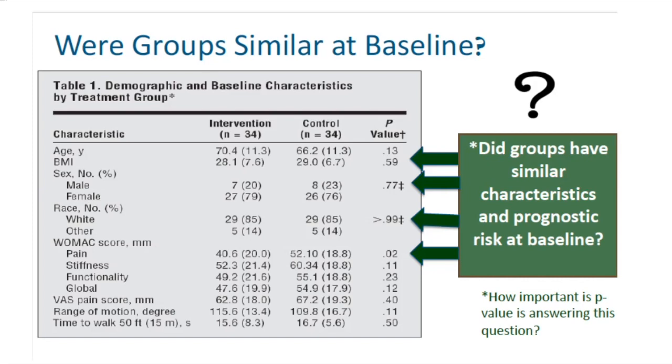Okay, if it turned out that you had a larger majority of people on the experimental side that had a lot more pain than people in the control group, and your study found that the experimental intervention of ultrasound greatly reduced the pain, well, it's kind of a no-brainer that they had more pain to reduce. Okay, so randomly assigning them helps to make these things equal, or fairly equal.